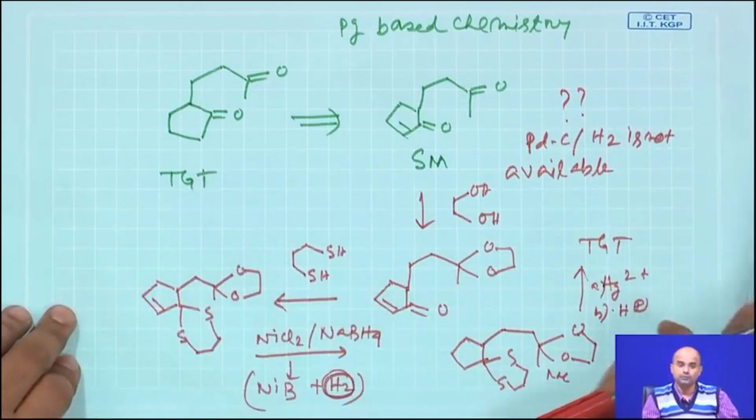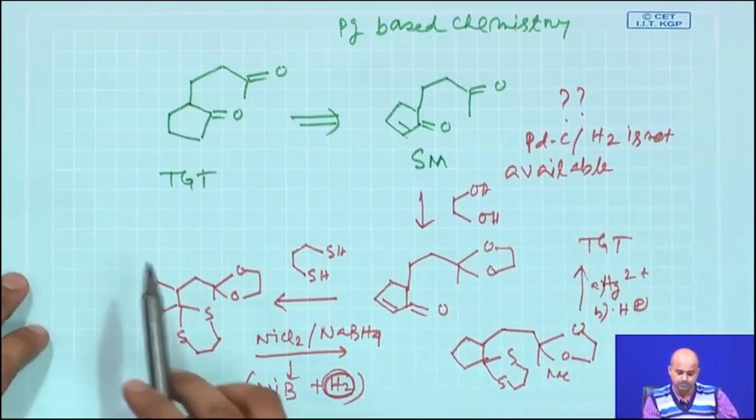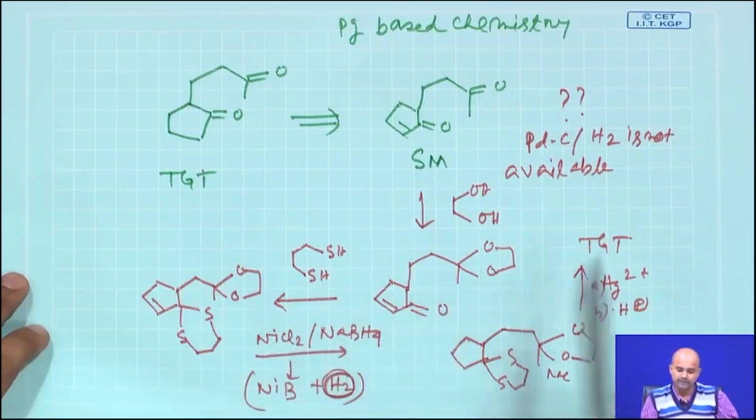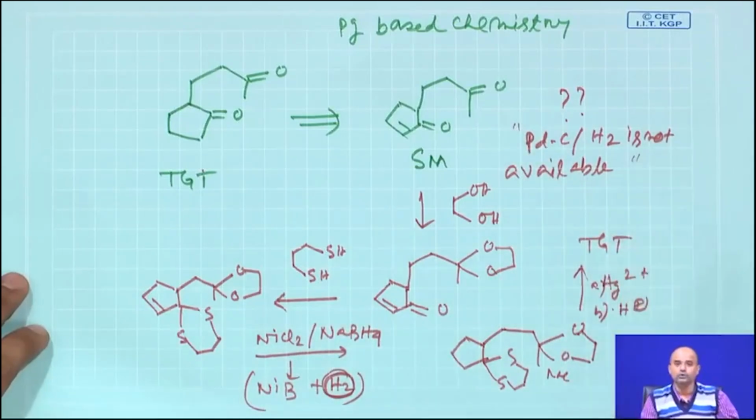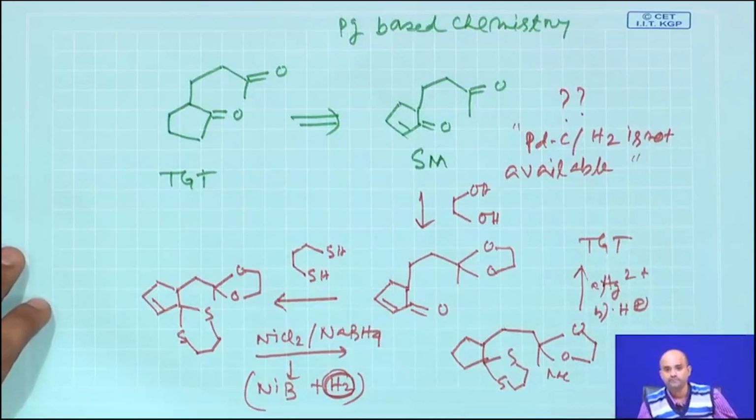So, in this synthetic pathway we have seen that if certain reagents are not available to you, you have to find an alternative pathway, and this is probably a very environmentally friendly pathway, because palladium charcoal and hydrogen can sometimes cause fire, and palladium charcoal is very difficult to handle in the lab.